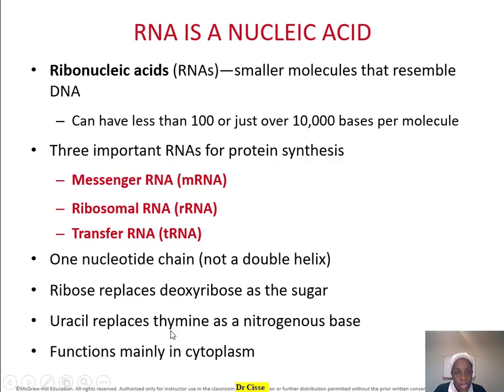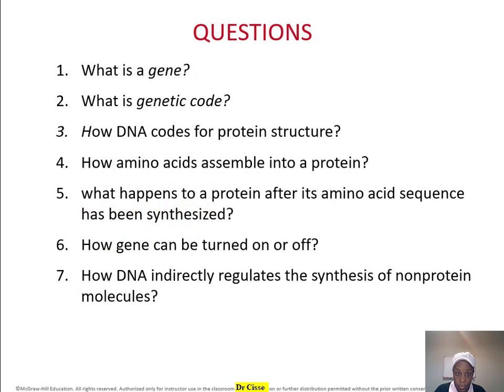Then in the nucleotides, remember in DNA we have A, T, C, G. Now the T is replaced by uracil. So instead of having T, we have U. And then RNA is usually in the cytoplasm. But you know the DNA is in the nucleus, because the book in the kitchen is the nucleus.